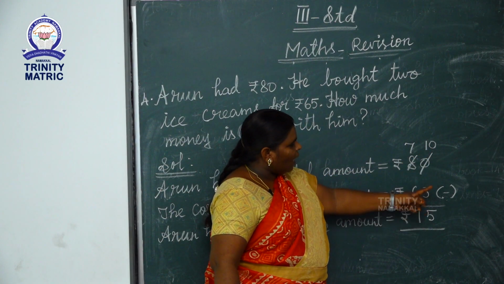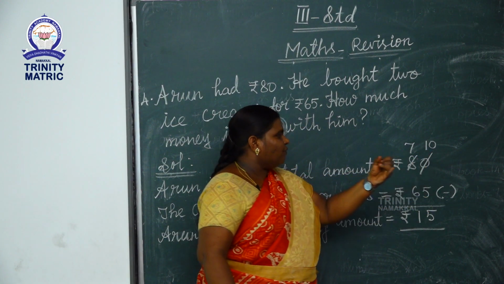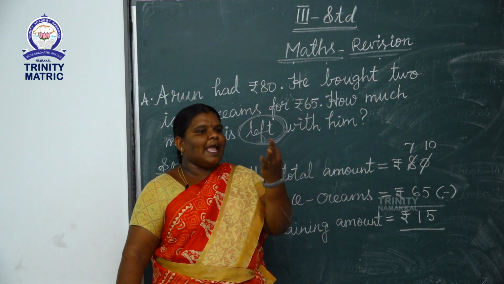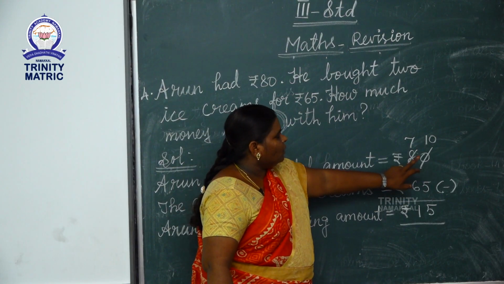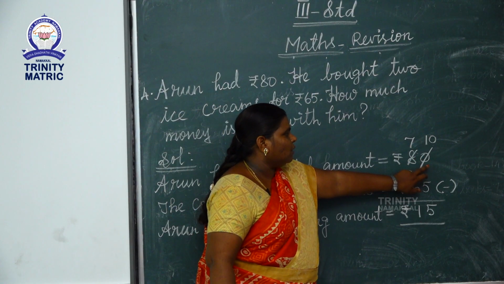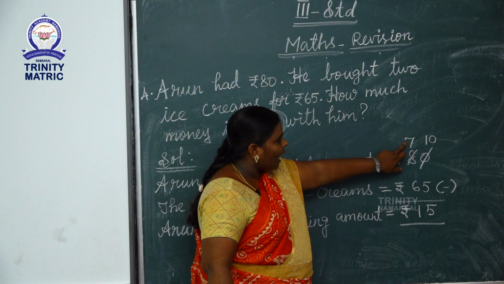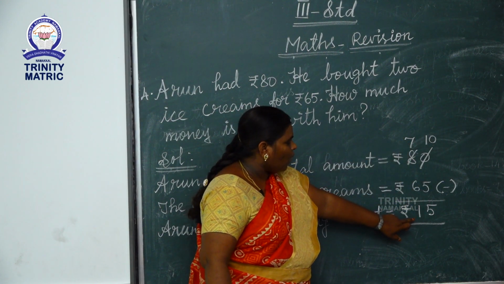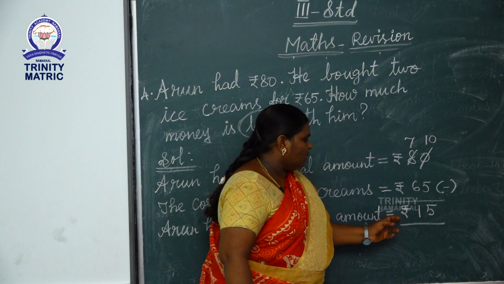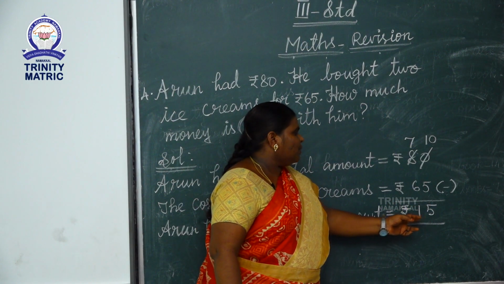The down number is 5. You say 5 after, up to 10: 6, 7, 8, 9, 10. You get the answer 5. Already you gave 10 to the ones place, so 7 only is left here. The down number is 6. 6 after 7, you get the answer 1. So the remaining amount is rupees 15.